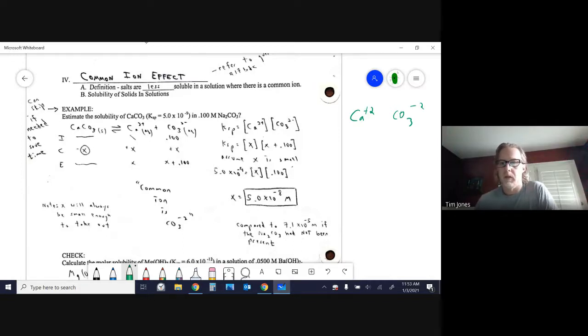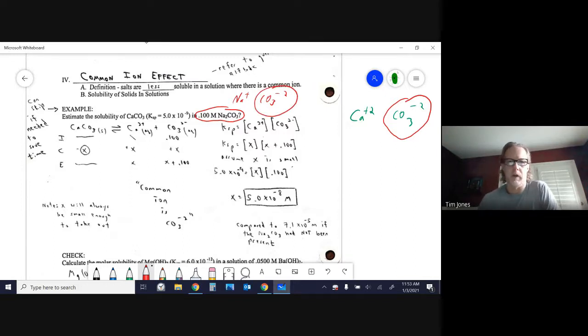And in this case, what's already in the solution is this concentration of sodium carbonate, which would have sodium ions and carbonate ions. So in this case, the common ion is the carbonate, because we have carbonate that we're trying to dissolve, but there's already carbonate in there.